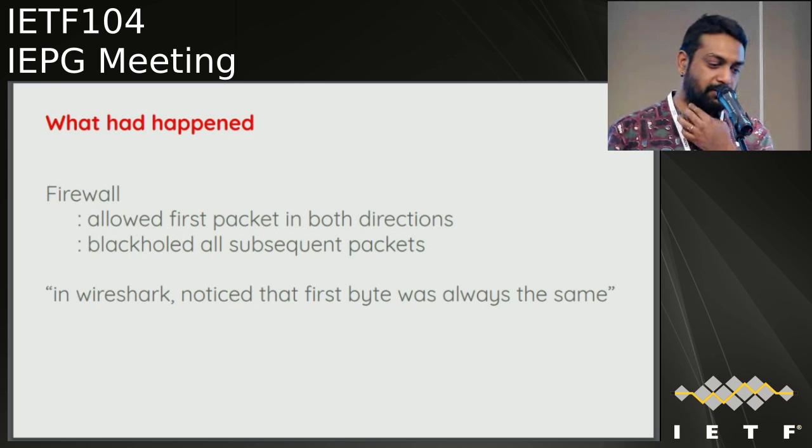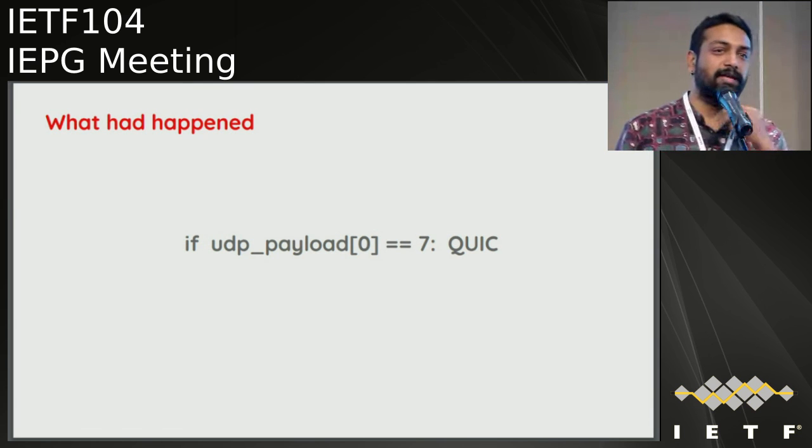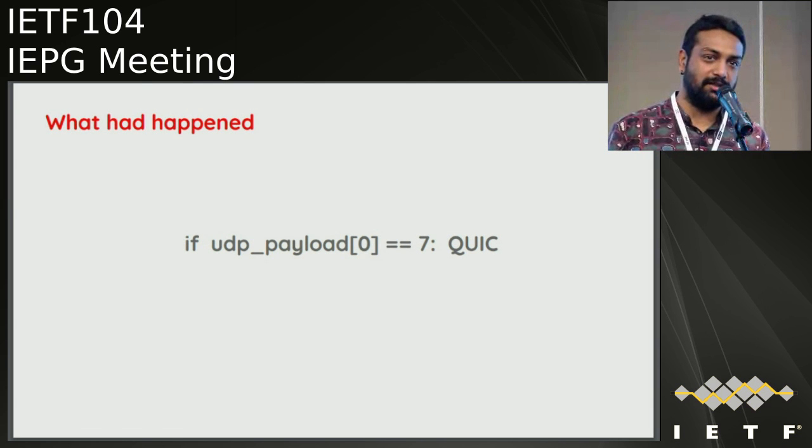The way they implemented a filter for QUIC was basically this. I'm not going to make too fine a point, except to note that the one byte that didn't change on the wire ended up becoming the QUIC identifier.